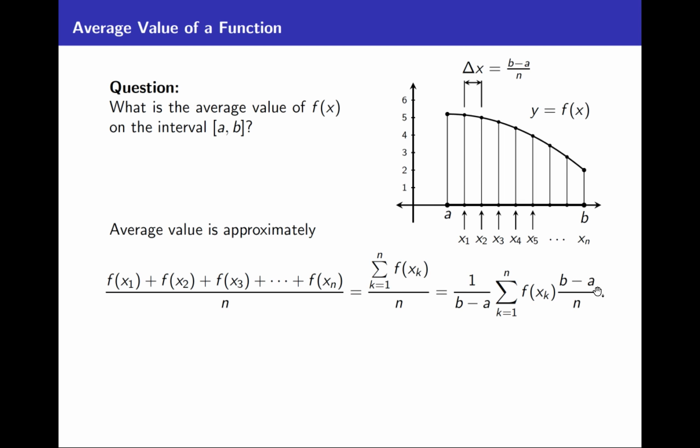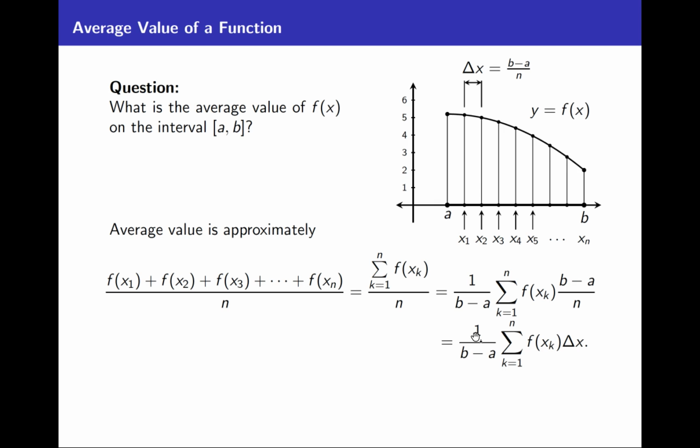Now here the b minus a divided by n, that's delta x. So I'm going to write this by replacing the b minus a divided by n by delta x. So here we have an approximate average value of f of x on the interval from a to b.